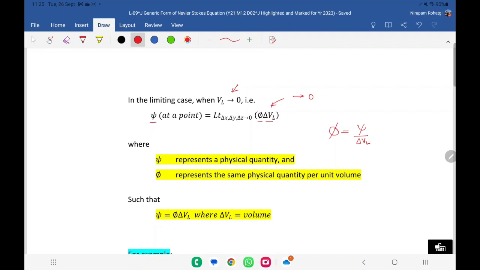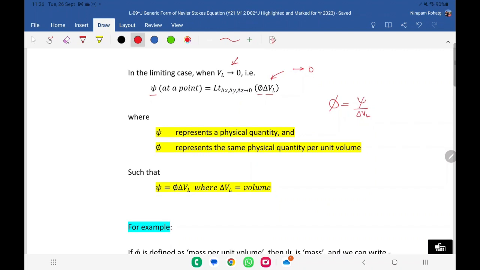If you find the physical quantity per unit volume, that becomes phi. So psi per unit volume is equal to phi. This is a better way of writing it: psi divided by delta VL.